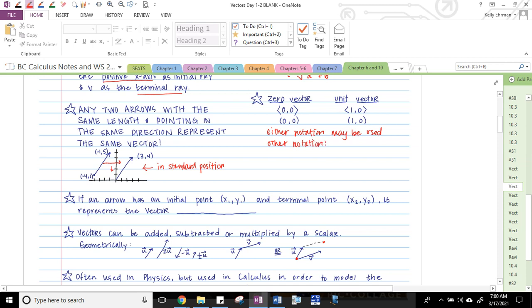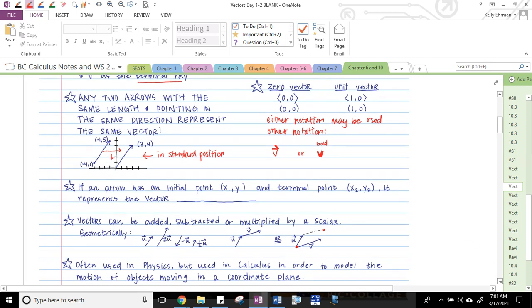Sometimes they'll call a vector V, and so vector V could be labeled like that, V with a little half arrow on top, or they'll write it in bold. Writing in bold is kind of hard to hear, but a bold letter could represent a vector as well. So there's lots of different little ways to denote a vector.